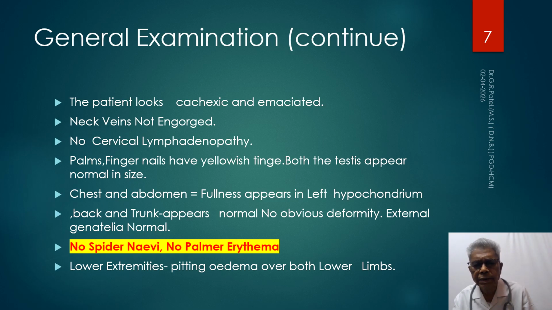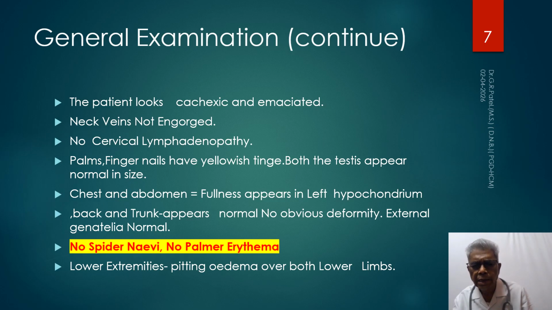We are continuing with the general examination. The patient looks cachexic and emaciated. Neck veins not engorged. No cervical lymphadenopathy. Palms, fingers, nails yellowish staining. Both the testes appear normal in size. Chest and abdomen: fullness appears in the left hypochondrium.